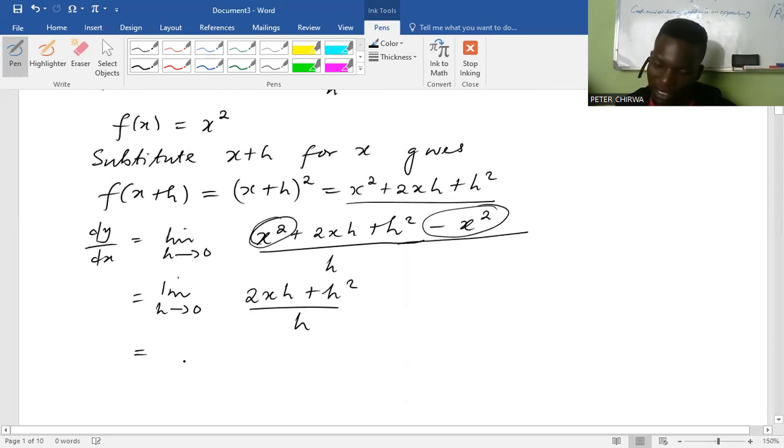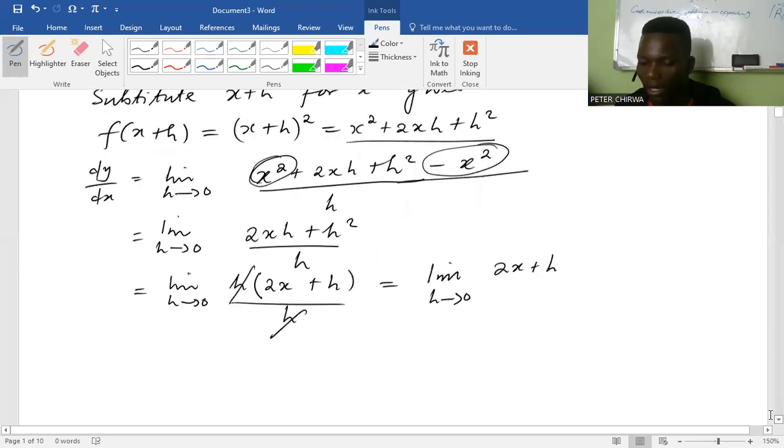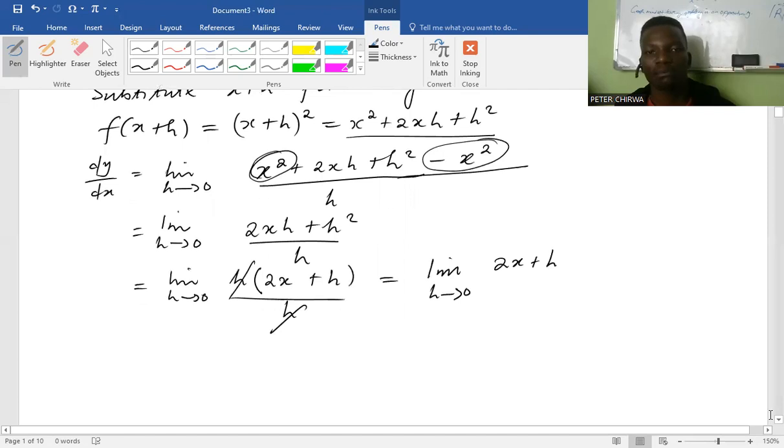Now we factor out the h. We're going to have h outside and 2x plus h over h. So the h on the denominator and the h on the numerator cancel, and then we have the limit of h approaching 0 of 2x plus h. That means that where there is h, we substitute with a 0.